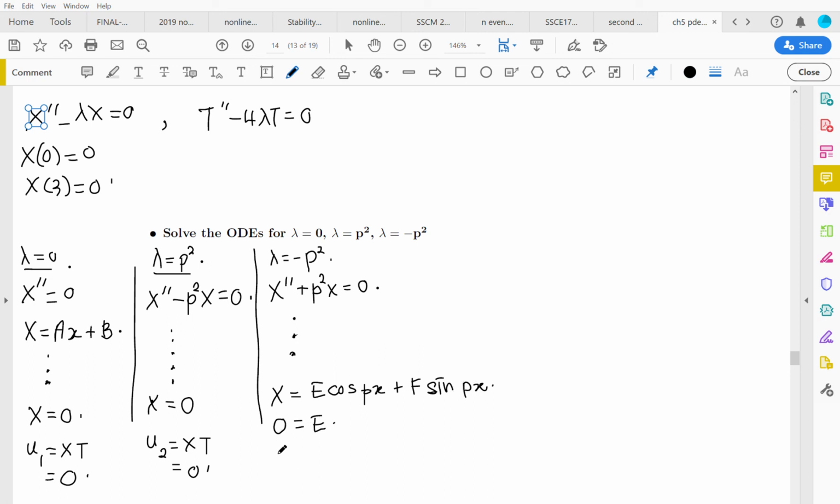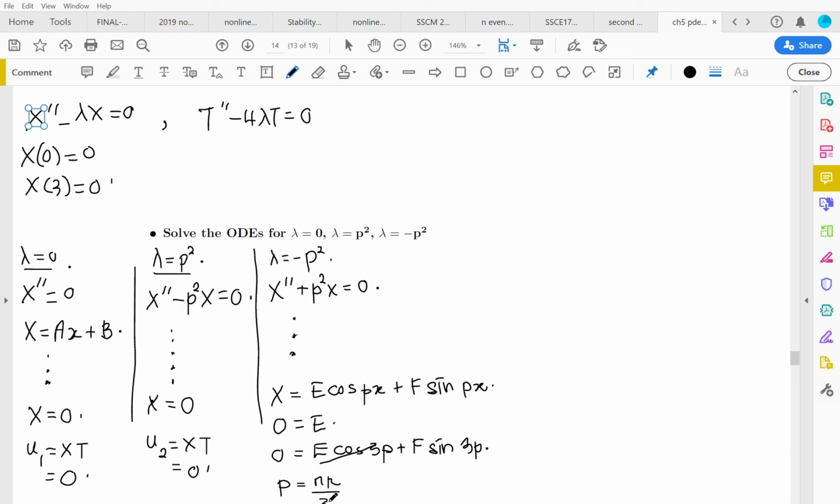The second condition, we have 0 equal e cos 3p plus f sin 3p. Since e is equal to 0, we can eliminate this. From here we have sin 3p equal to sin n pi equal to 0, so we can conclude that p equal to n pi over 3.